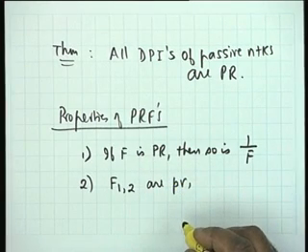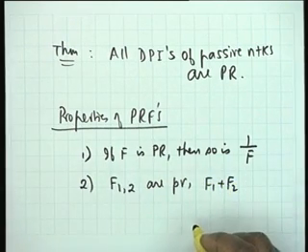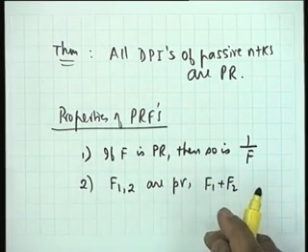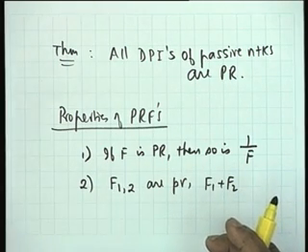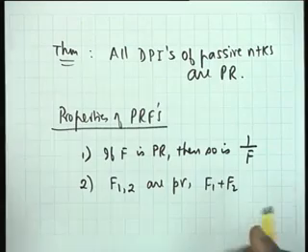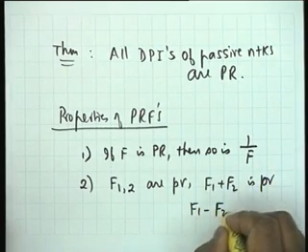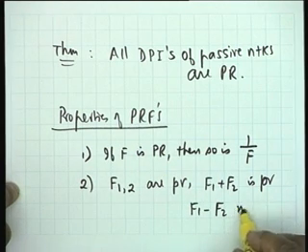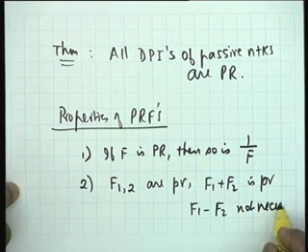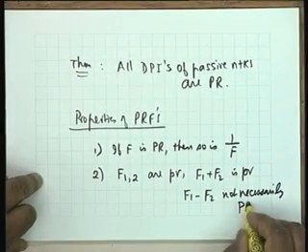Then what can you say about f1 plus f2? That is also PR. The proof is trivial because the real part of f is equal to the real part of f1 plus the real part of f2, and both of them are individually non-negative, so the sum is non-negative. What can you say about f1 minus f2? Not necessarily PR, because the real part due to subtraction may become negative.